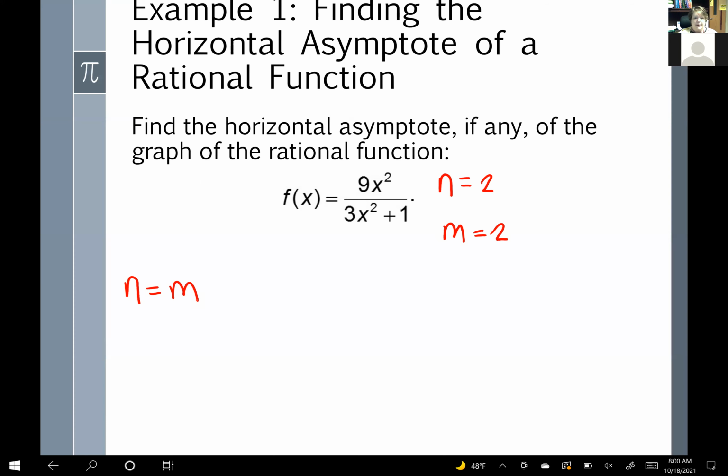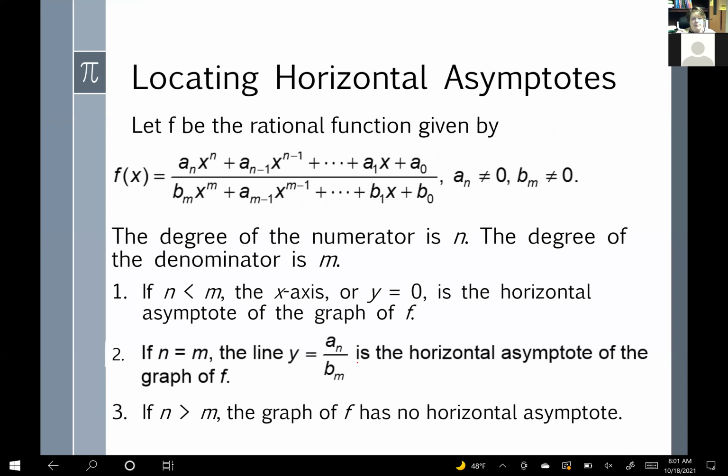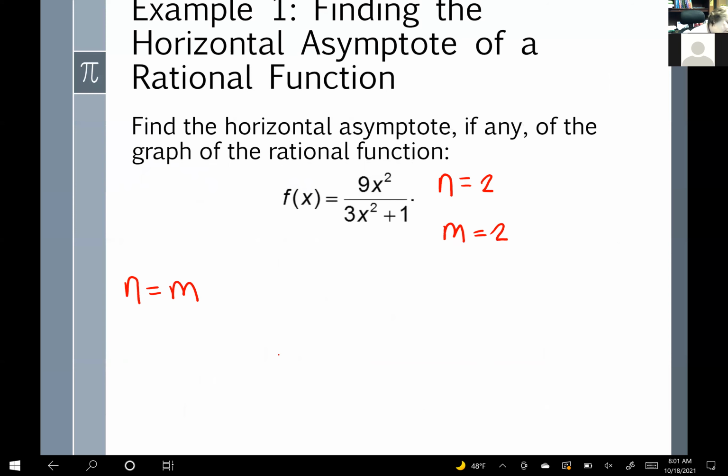So if we go back to our rules for horizontal asymptotes, number 2 applies. If n equals m, then the line y equals a ratio of the leading coefficients is the horizontal asymptote. So our horizontal asymptote is going to be y equals a sub n over b sub m.